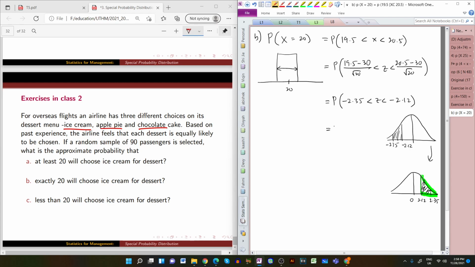The area of the green color would be 0.0170 minus the red color, that would be 0.0094. The answer is this one.